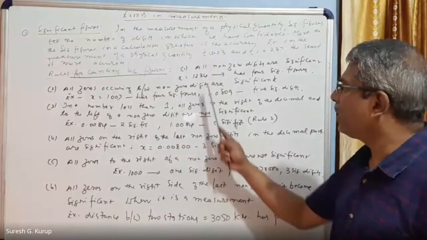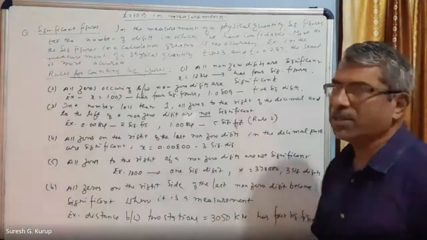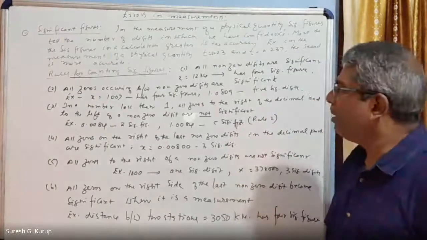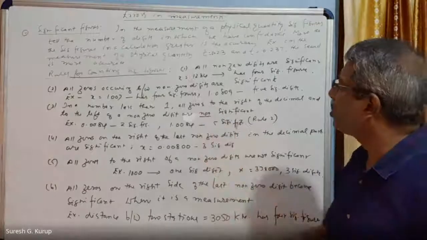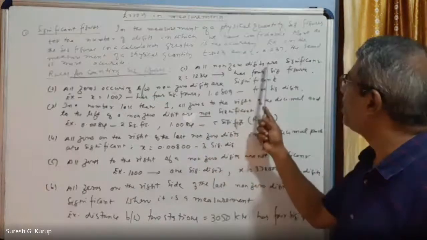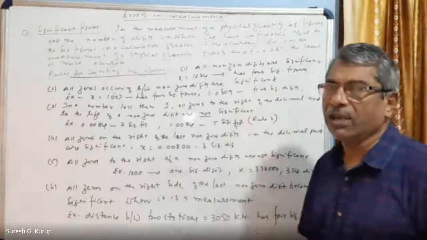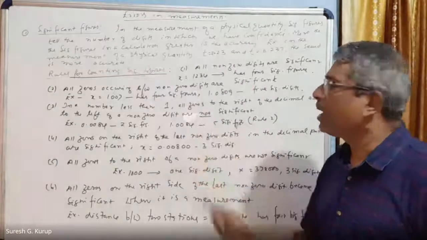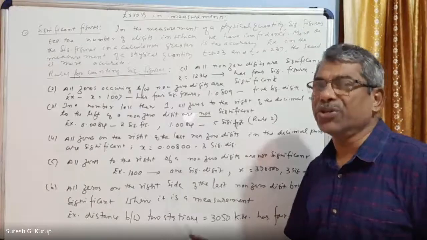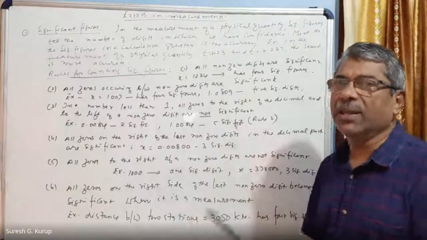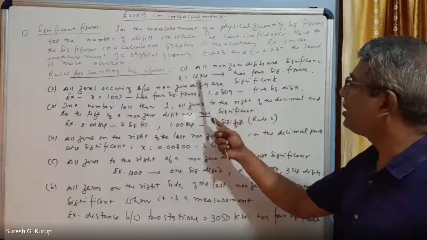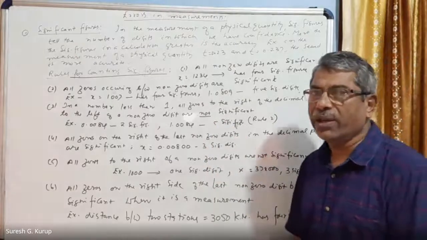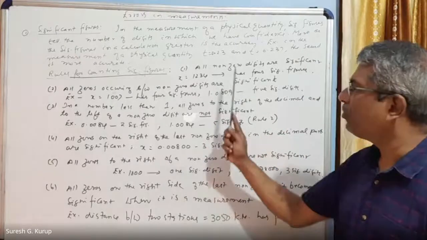So in this number 1234, there are 4 significant figures, right? This is the first rule. All non-zero digits in a calculation are significant. So in this number, we have 4 significant digits, right?